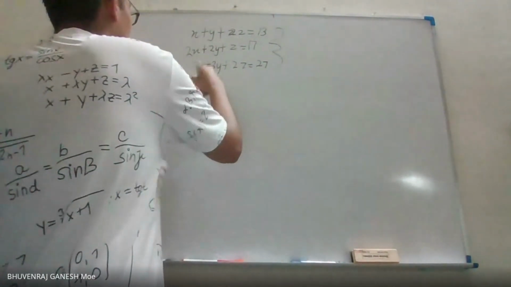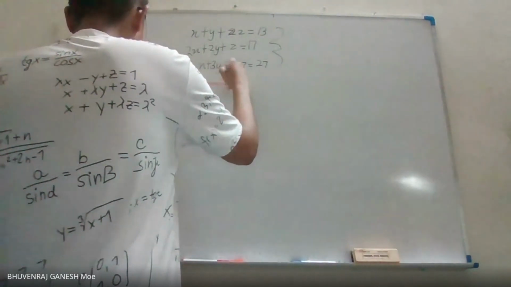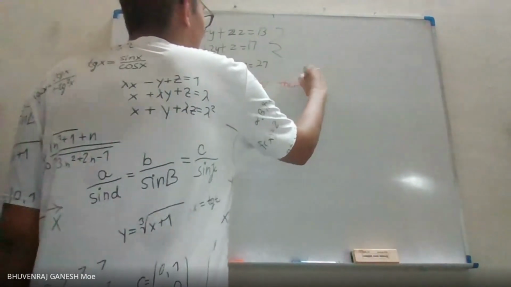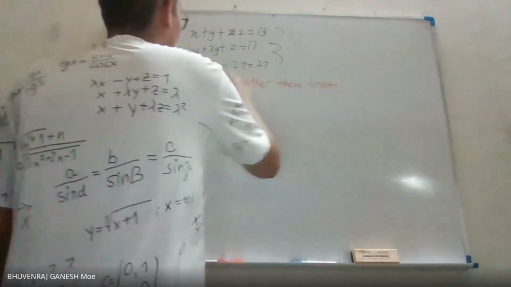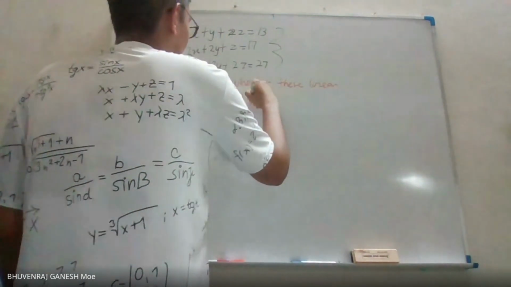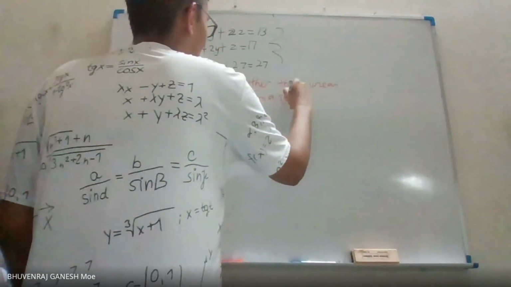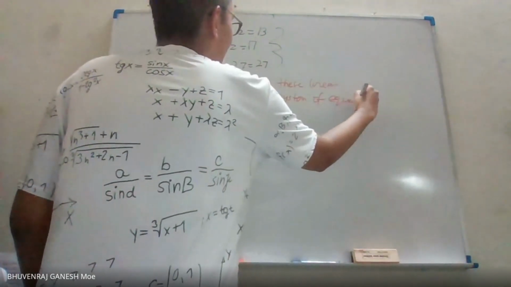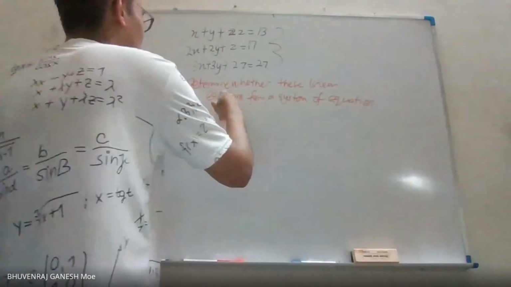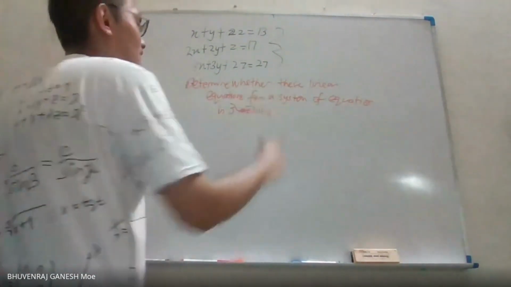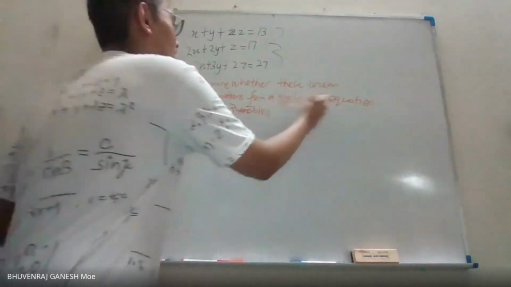So determine whether these linear equations form a system of equations in three variables. So it's either yes or no. Based on these three equations, you can tell yes or no whether it forms a system of equations in three variables.